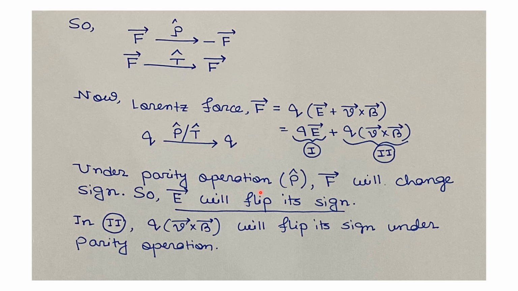Under the parity operation, F will change sign, that we know already. So from that information, in part 1, the E will flip its sign because F is changing its sign under the parity operation. So E will obviously change its sign. In 2, q into v cross B will flip its sign under the parity operation.